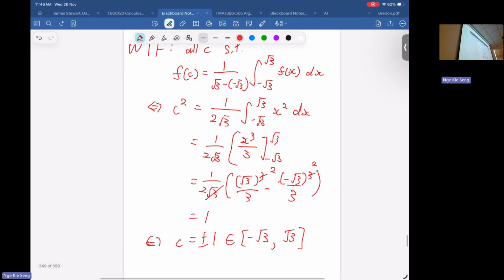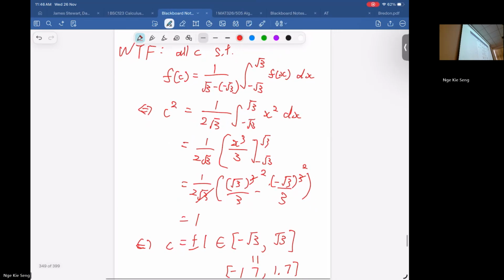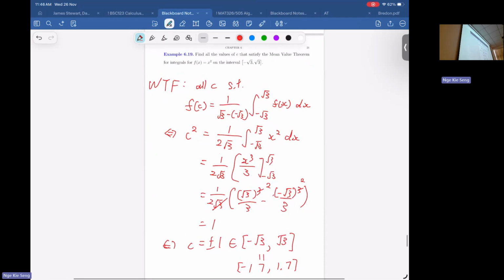Just now you told me divide by 3 is 0.57. So this one should be 1.7, is it? 1.7 something, which is equal to negative of 1.7 something else to 1.7. Okay, make sense?